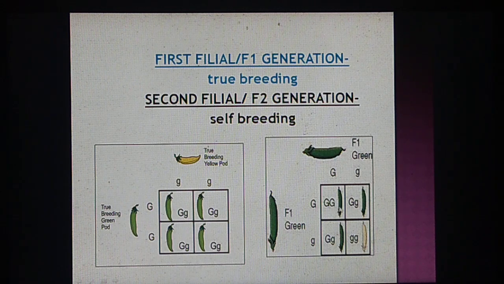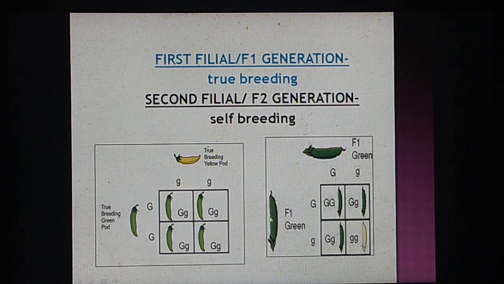So, through self breeding, the offspring that will be obtained in the second generation is called the second filial generation. So, it may be a green or a yellow pod which will be obtained in the second generation.